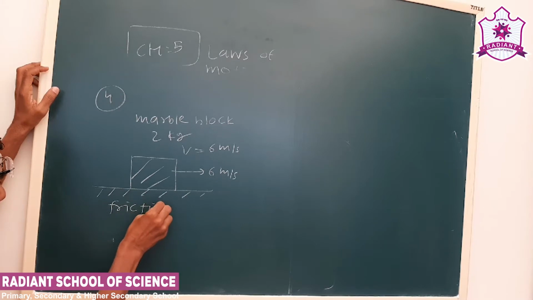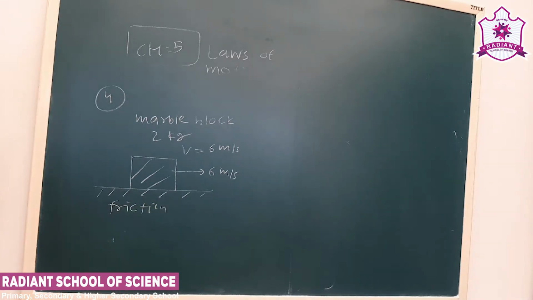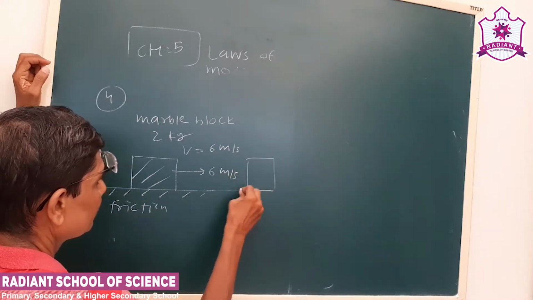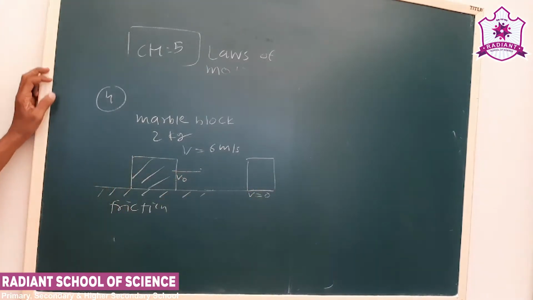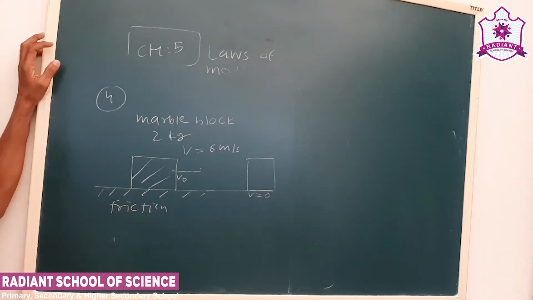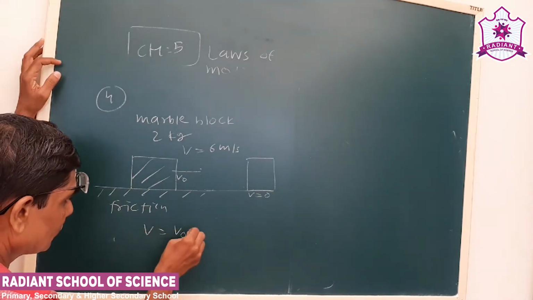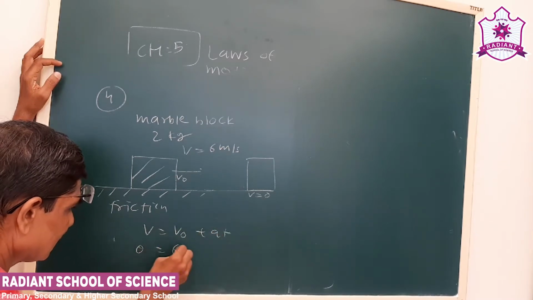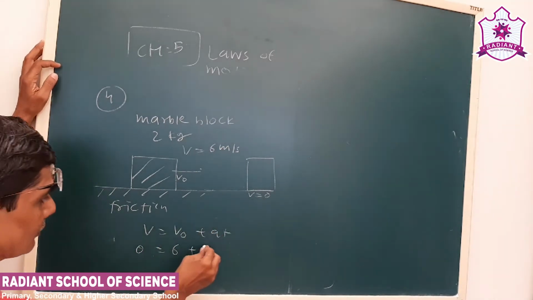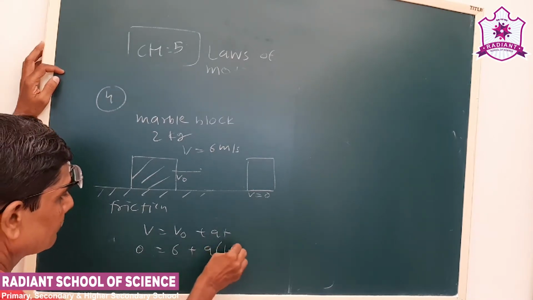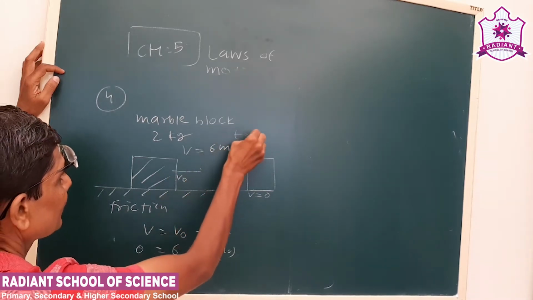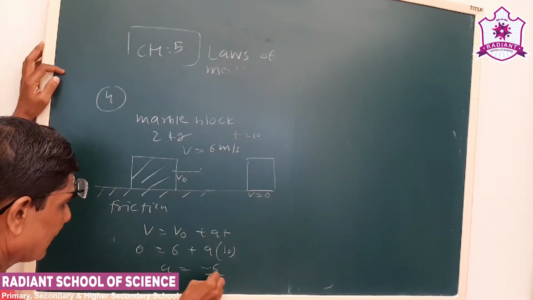What will be the coefficient of friction? Because of friction it will stop, so this will be our V0 and this will be the final velocity. We know the equation V is equal to V0 plus at. V0 is 6, a we have to find out, and time is given as 10 seconds, so a will be minus 6 by 10.